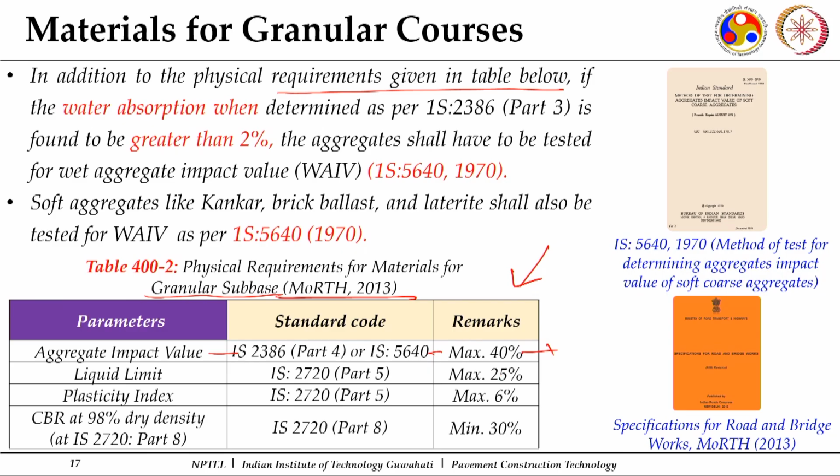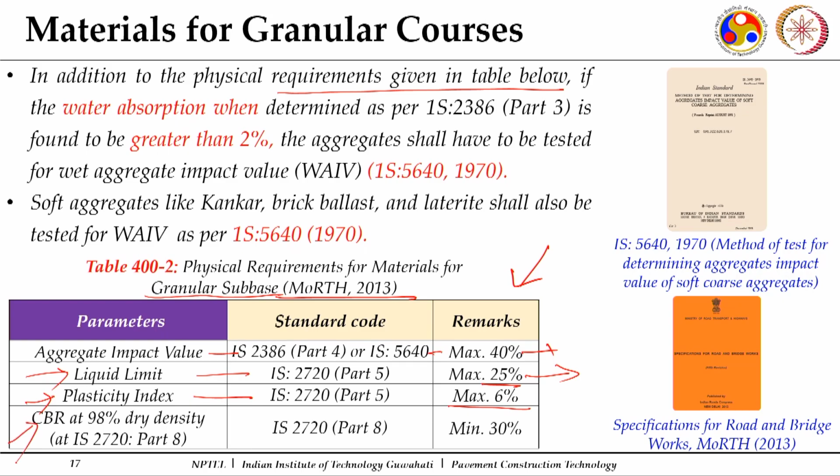When it comes to liquid limit and plasticity index, the general conception is that a higher liquid limit makes your material more plastic in nature. So, a liquid limit of maximum 25% is allowed, and a plasticity index of maximum 6% is allowed.